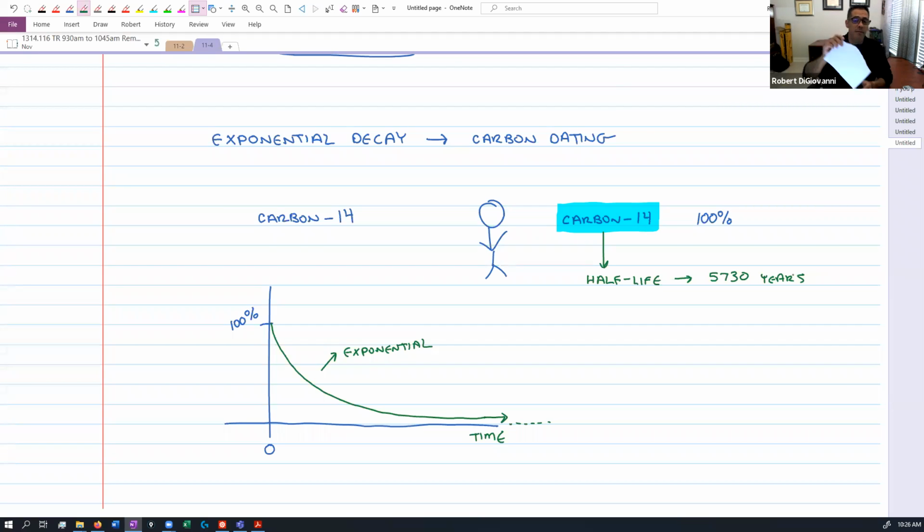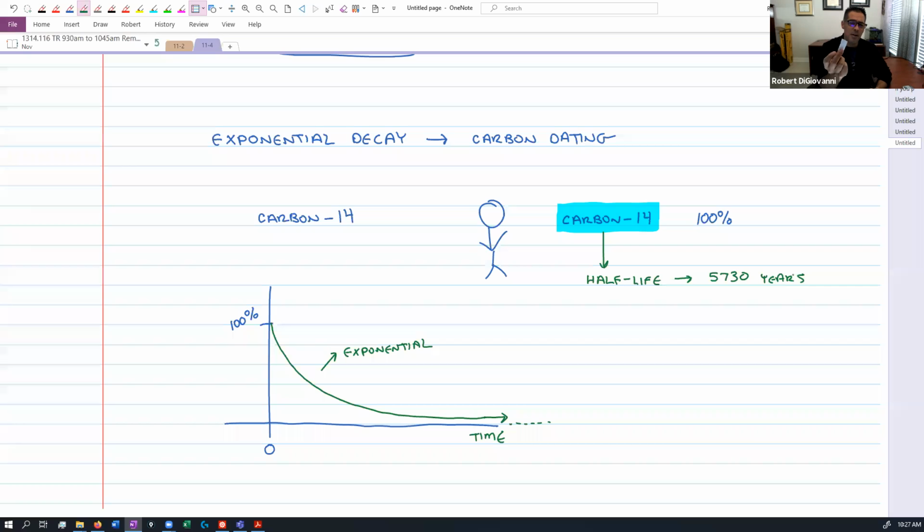Then 5,730 years after that, half of that goes away. And then 5,730 years after that, half of that goes away. And then 5,730 years later, half again. Another 5,730 years, half again.